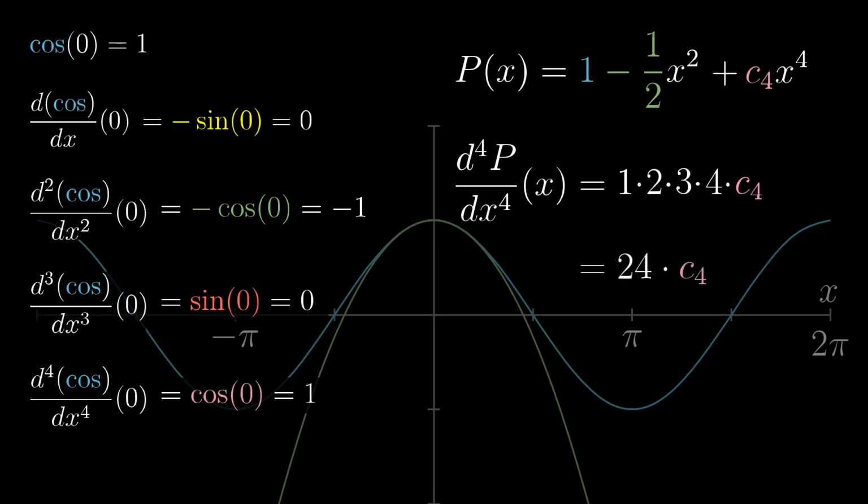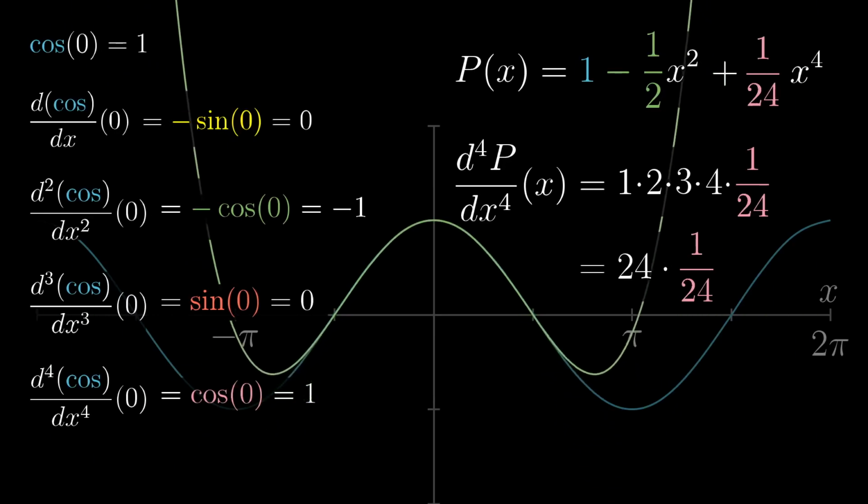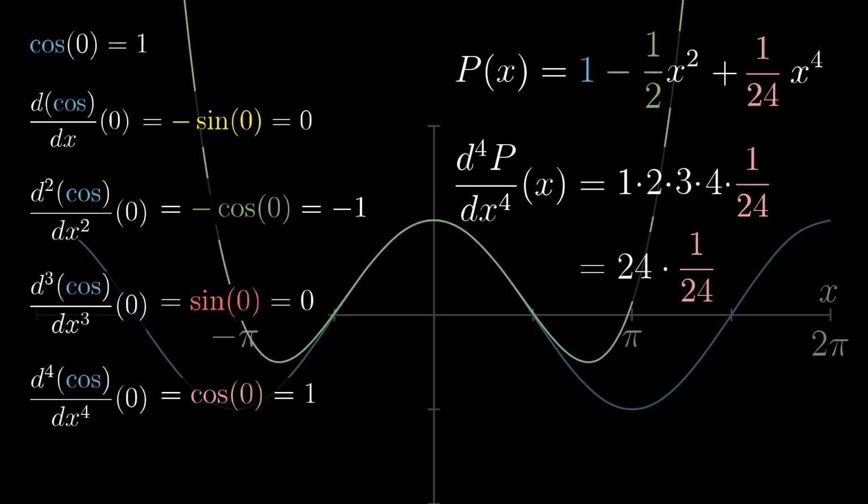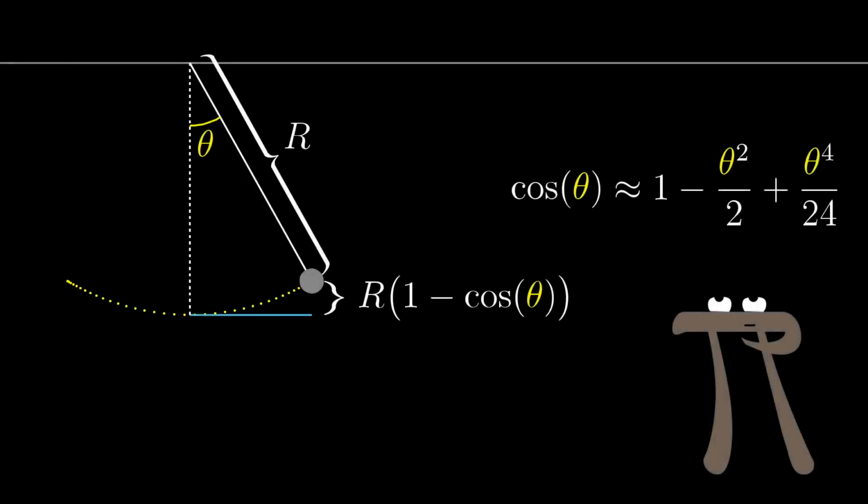So if we want this to match the fourth derivative of cosine x, which is 1, c4 has to be 1 over 24. And indeed, the polynomial 1 minus 1/2 x squared plus 1/24 times x to the fourth, which looks like this, is a very close approximation for cosine x around x equals 0. In any physics problem involving the cosine of a small angle, for example, predictions would be almost unnoticeably different if you substituted this polynomial for cosine of x.